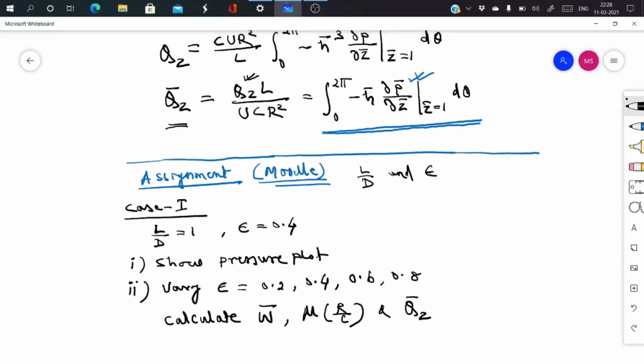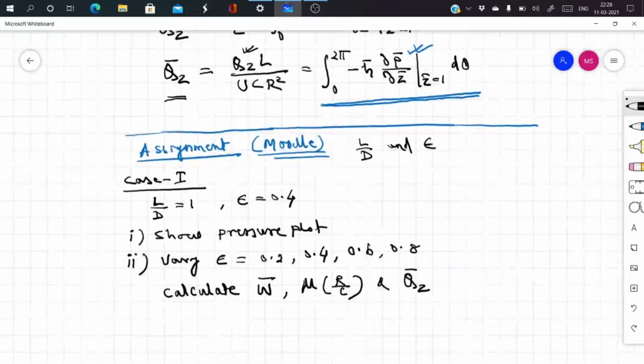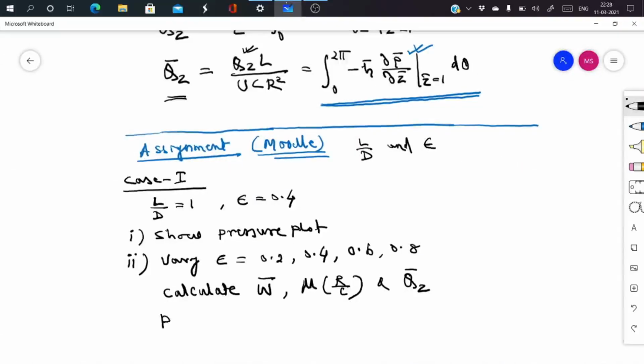These three you calculate. After calculating, go for a 2D plot: plot epsilon versus W bar, epsilon versus mu R by C, and epsilon versus Q Z bar. Show these three plots' variation.